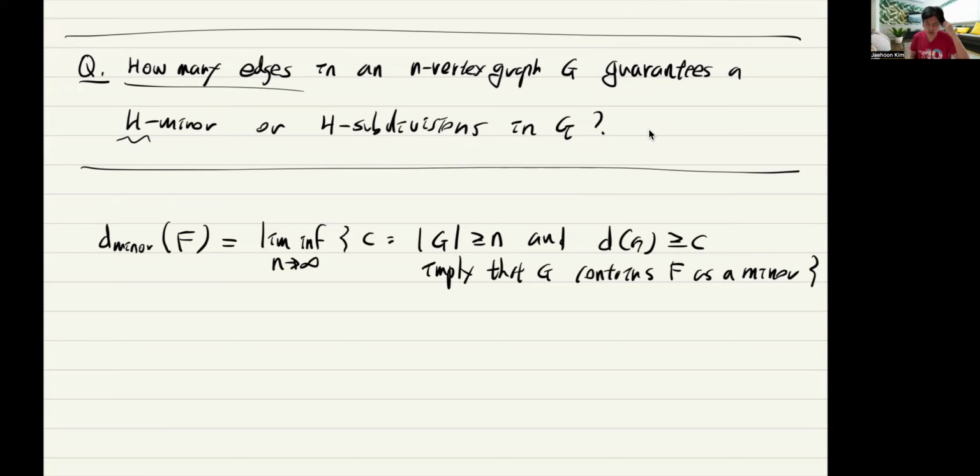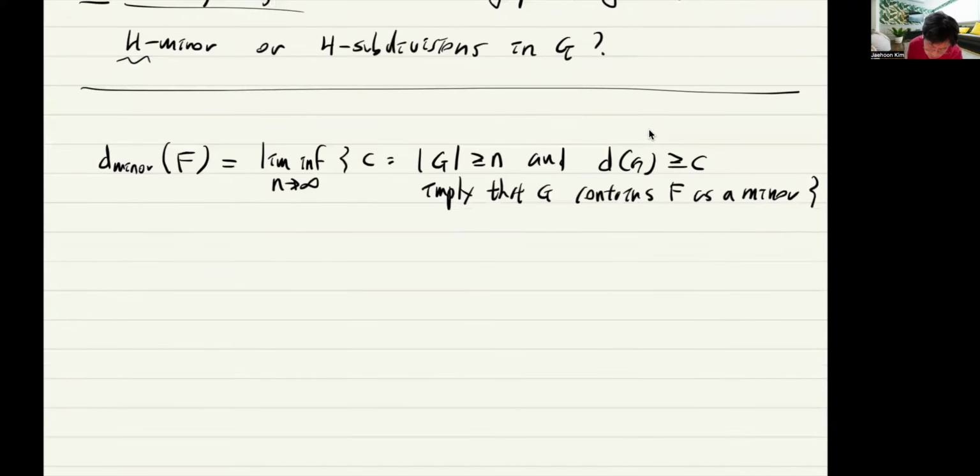Then for even fixed n, if you know that your average degree is at least c plus epsilon, then if n is large enough, it contains F as a minor.